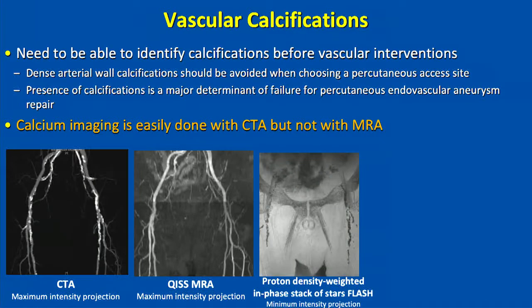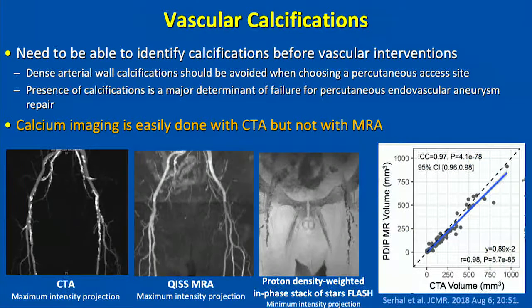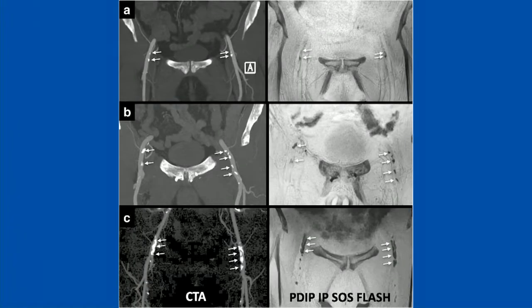However, if we apply other imaging sequences, notably this proton density weighted in-phase Stack-of-Stars flash acquisition, and project the data using a minimum intensity projection, we can see the vascular calcifications very well in a projection format, similar to how we view them with CTA. And this approach is found to be in excellent agreement with CTA for quantifying calcification volume.